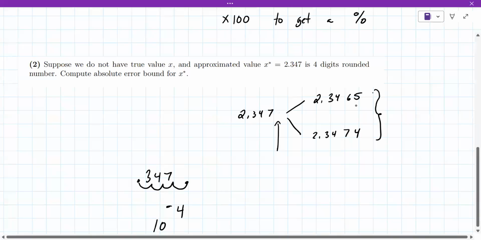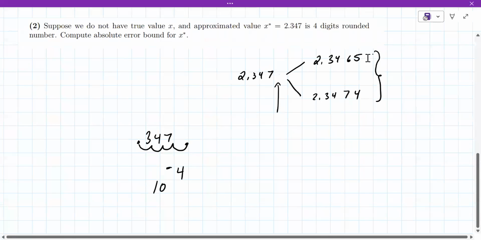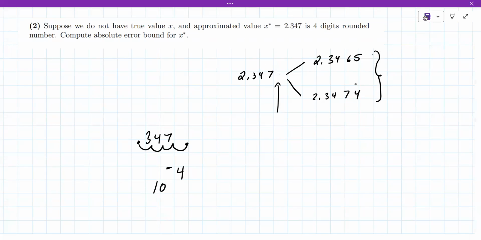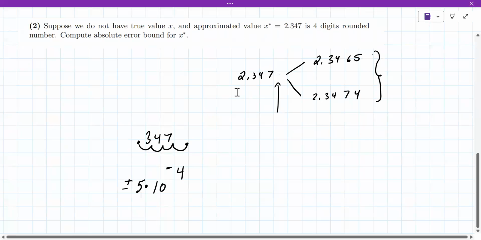So this is 10 to the minus 4. And we don't know whether we're off by plus or minus, so it's plus or minus 5 times 10 to the minus 4. At least that's the way I interpret it.